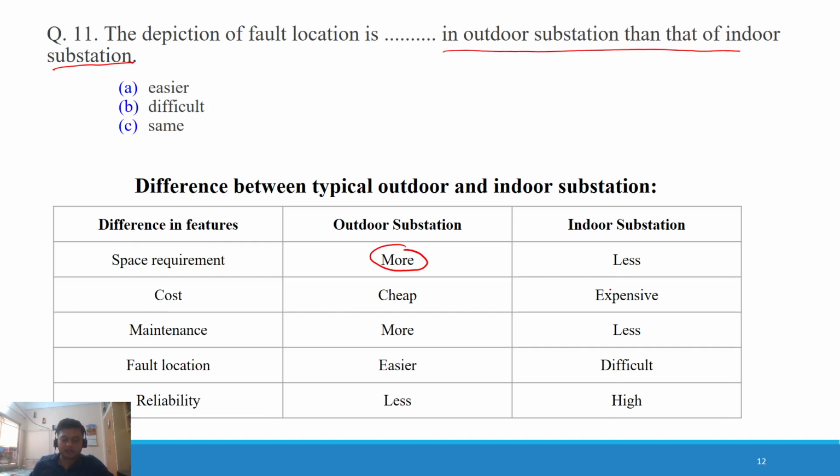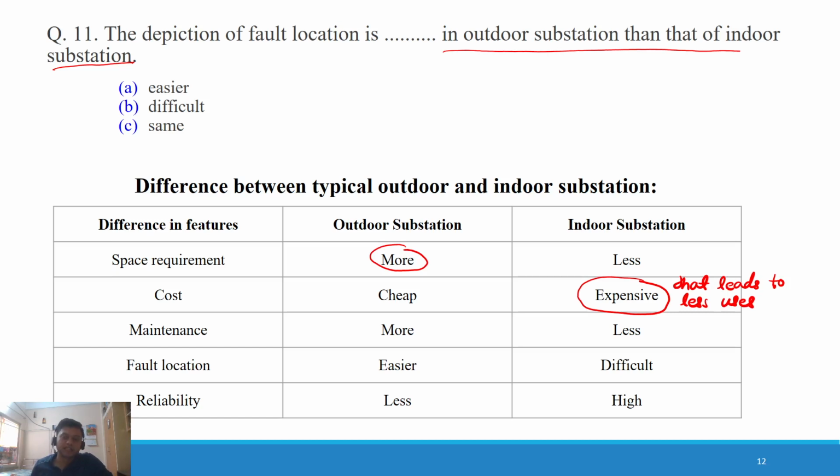So an indoor substation is expensive, and that leads to less usage; we do not frequently see indoor substations.